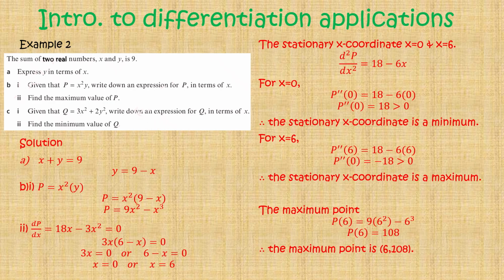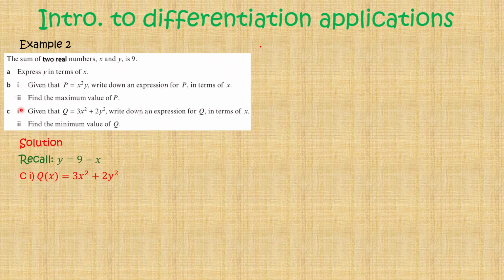Moving on to part C, item 1. So we're given that the q of x is 3x squared plus 2y squared, and we are asked to find the expression of q in terms of x. Now, recall the y that we obtained in the first part of the question, we are going to use the same y since it's the same question.